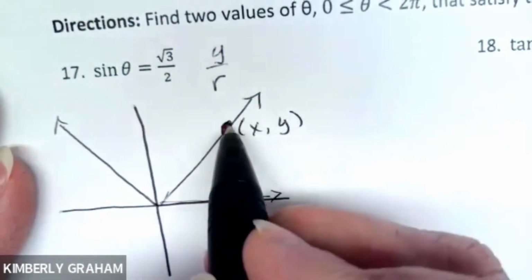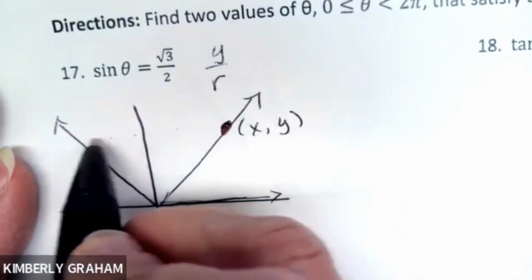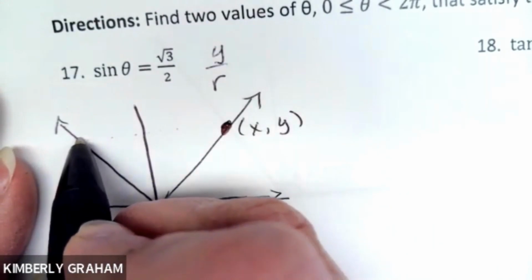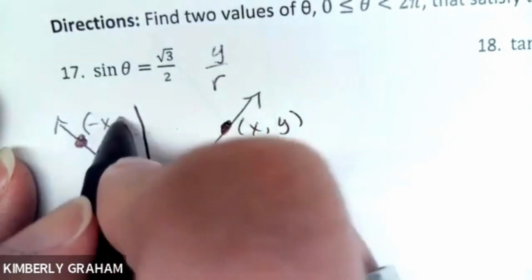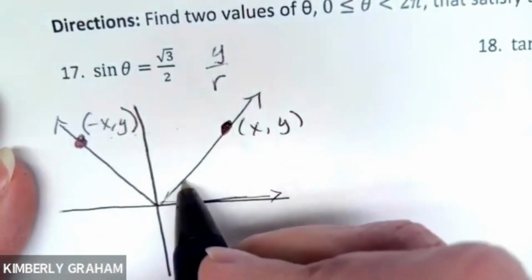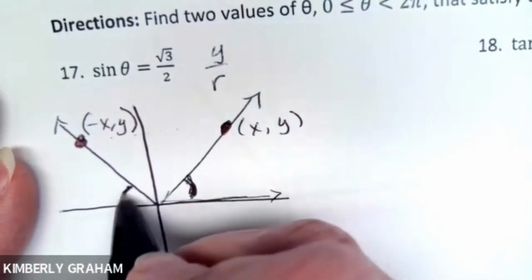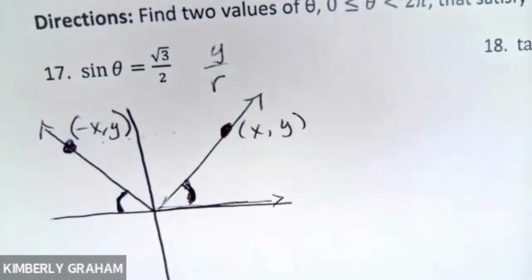If you were to take this point and reflect it across the y-axis, this point over here would be the point (negative x, y). These angles have the same measure, and because they are reflections of each other, the points have symmetry around the y-axis.